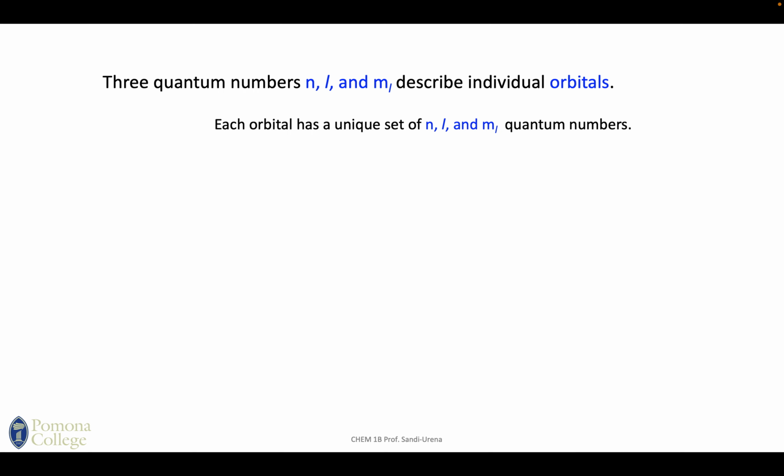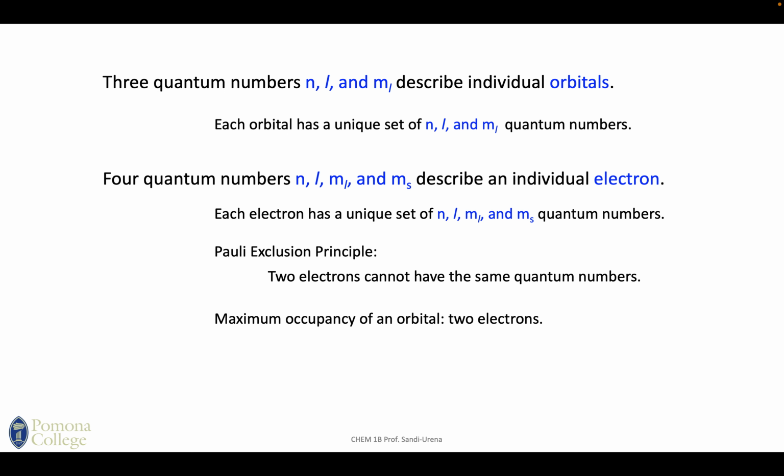However, when we describe electrons, we're also going to use the properties of the orbitals. So we have 3 quantum numbers for the orbitals, n, l, and m sub l: size, shape, orientation. Each orbital has a unique set of n, l, and m sub l.